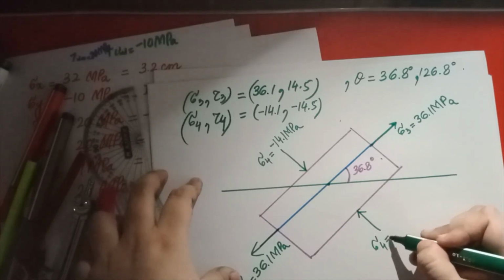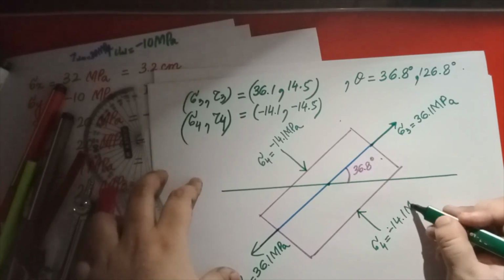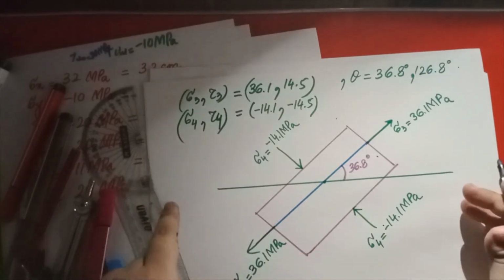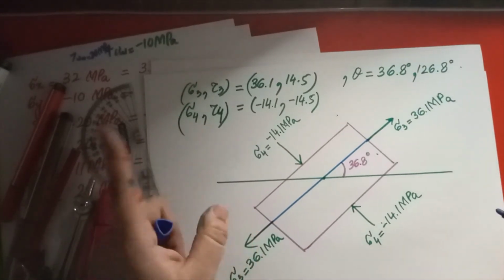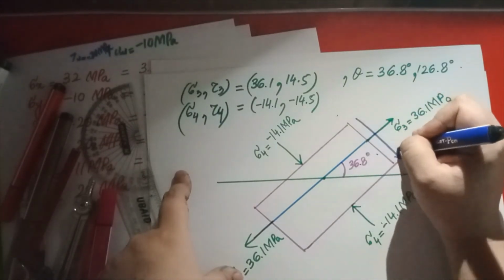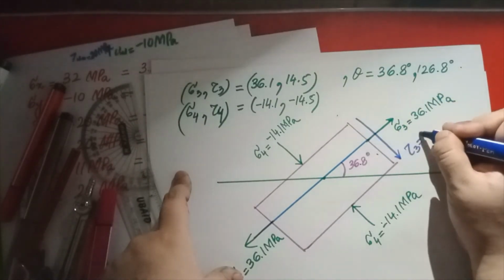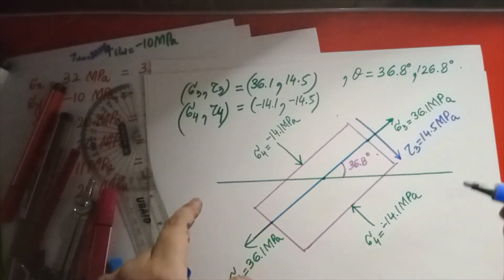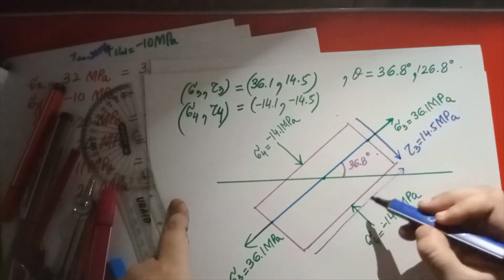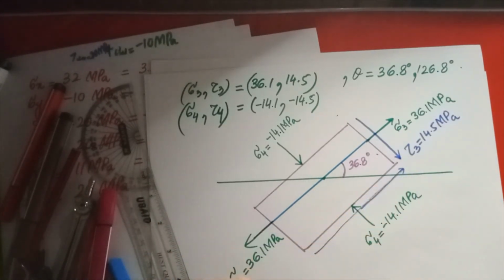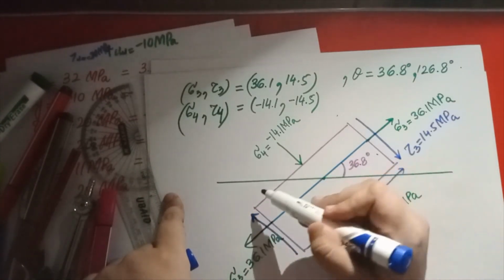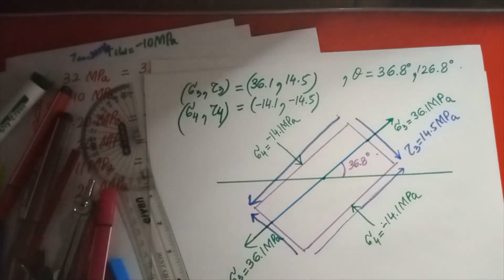Then the next thing is tau 3, 14.5 positive, so it should be downward. Tau 3 is equal to 14.5 MPa. Is that correct? Yes. Then there is head to tail, and this one is head to head.